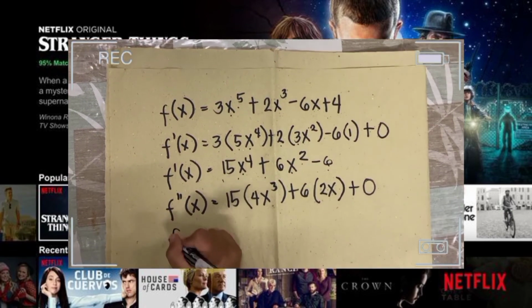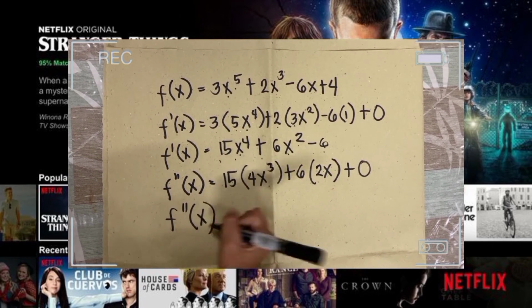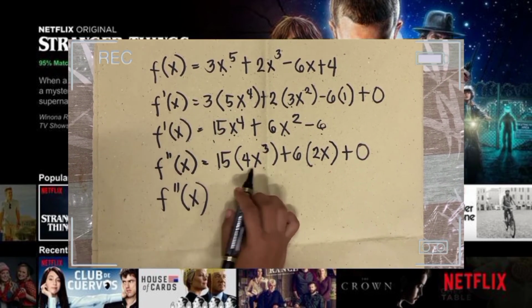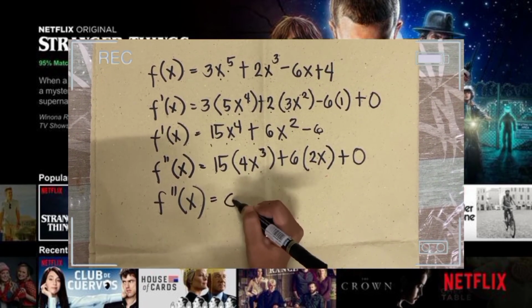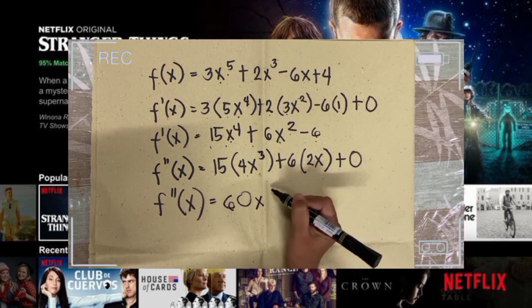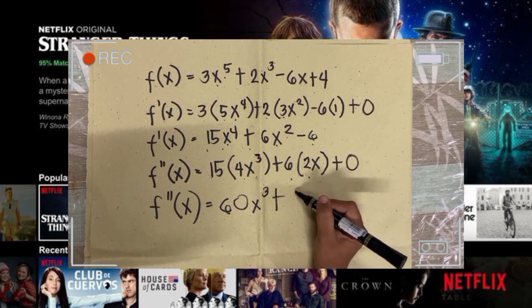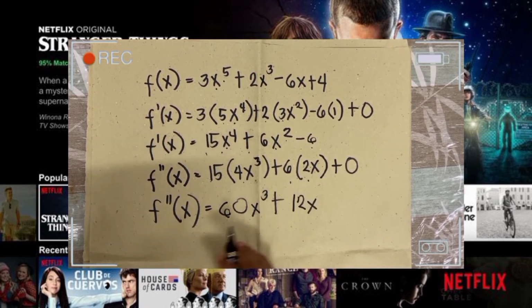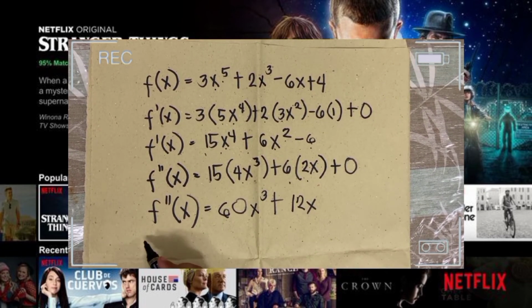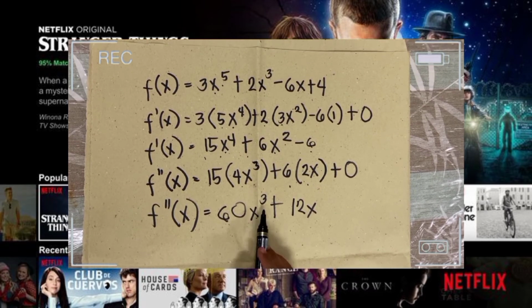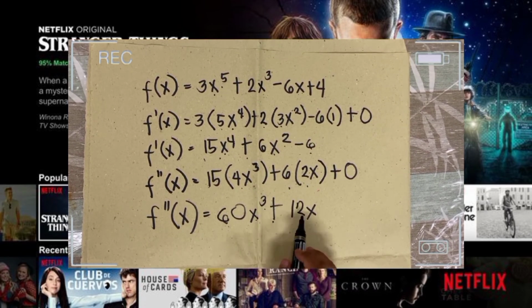So, 15 times 4 equals 60x cubed, plus 6 times 2 equals 12x. So now we have our second derivative of the function, 60x cubed plus 12x.